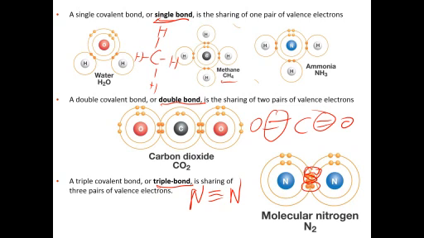So you get a triple bond. So the sharing of a single, double, or triple pair of electrons has to do with filling the valence shells of the respective atoms.